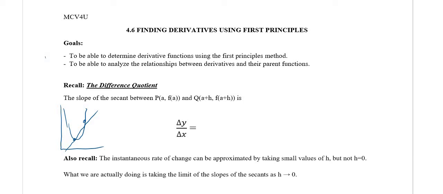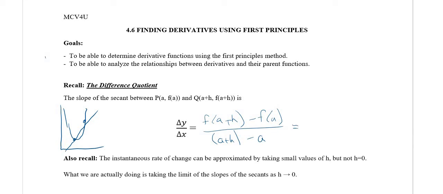And to find that slope, we're going to call those points a and f of a, and a plus h and f of a plus h, because remember we said we're interested in that interval, right? So we said it's going to be f of a plus h minus f of a all over a plus h minus a.